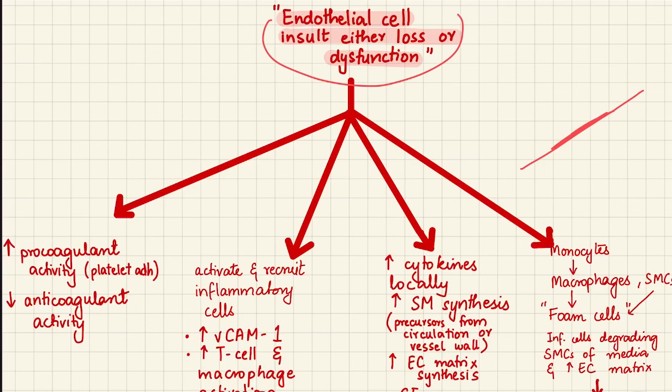So what happens is that since inflammation has ensued here, and inflammation always recruits monocytes to become macrophages, these macrophages are going to engulf and sort of eat up the lipid and convert into foam cells.